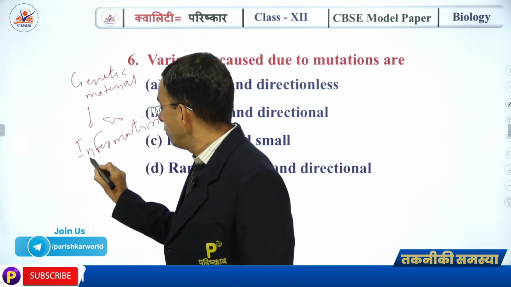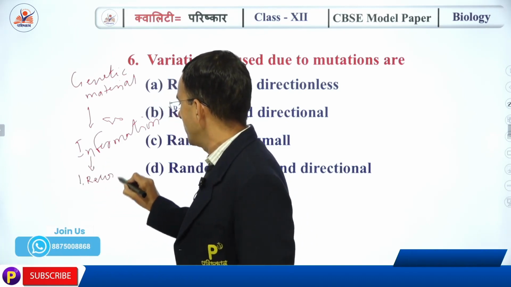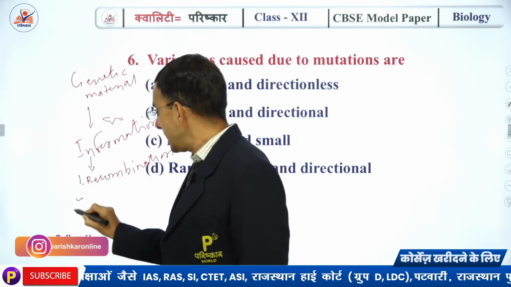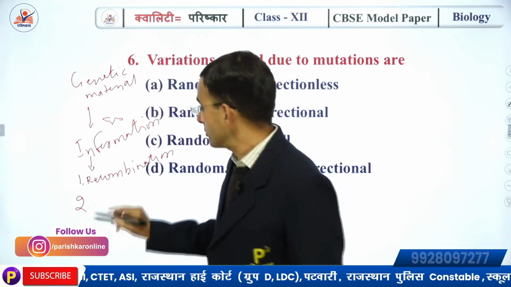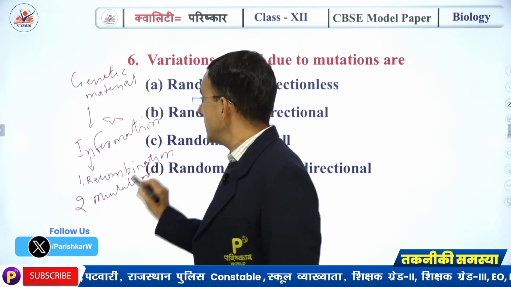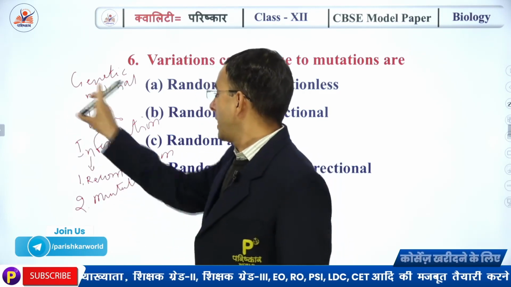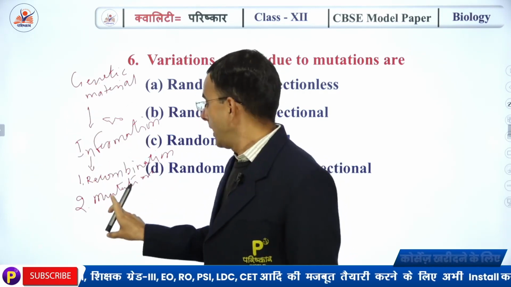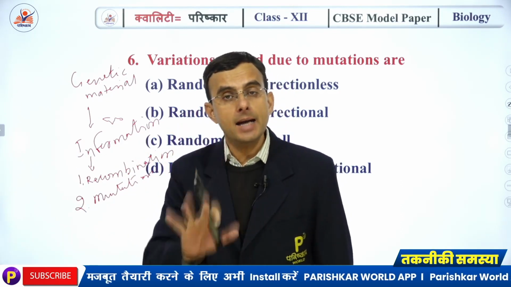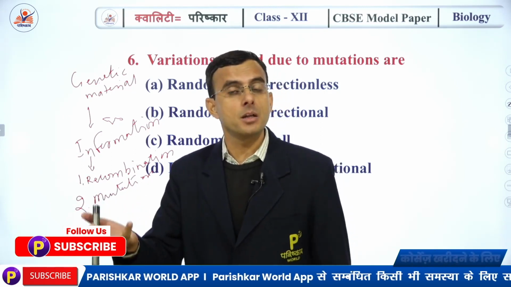One is a natural process known as recombination, and the second process is known as mutation. Recombination is the natural process that happens naturally during the formation of gametes in meiosis.